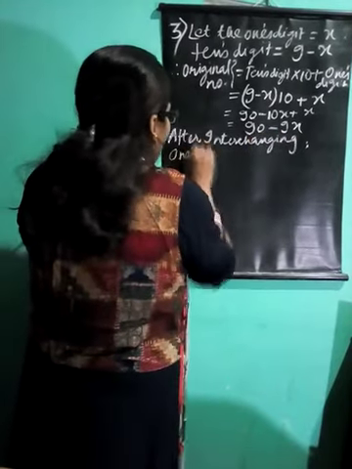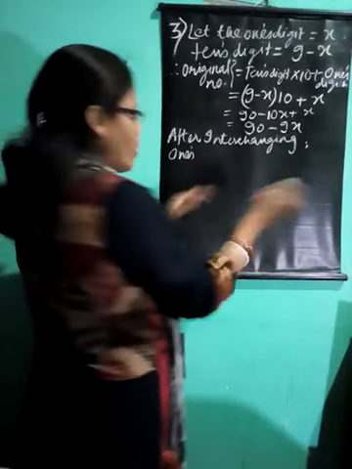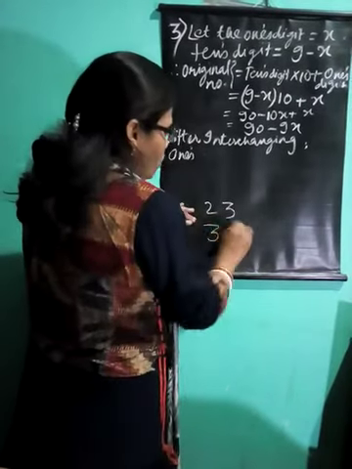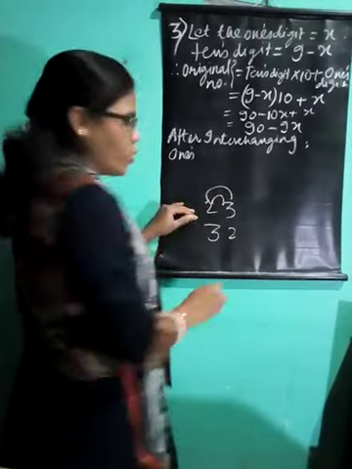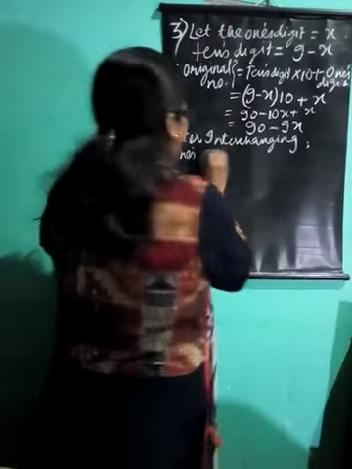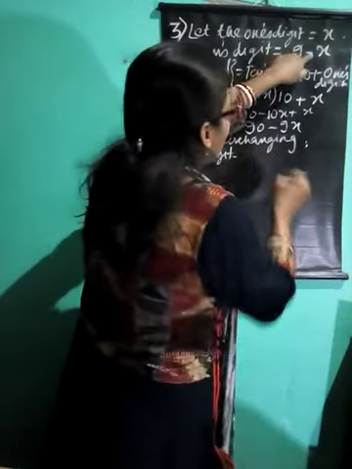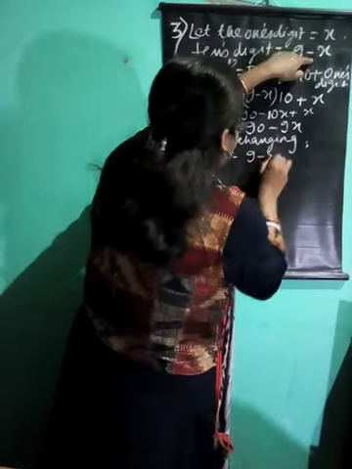Interchanging means ones digit will become tens and tens will become ones. Just like 23 will become 32. Ones is coming here and tens is going here. So the ones digit will become what was tens, 9 minus x. So ones will become 9 minus x now.